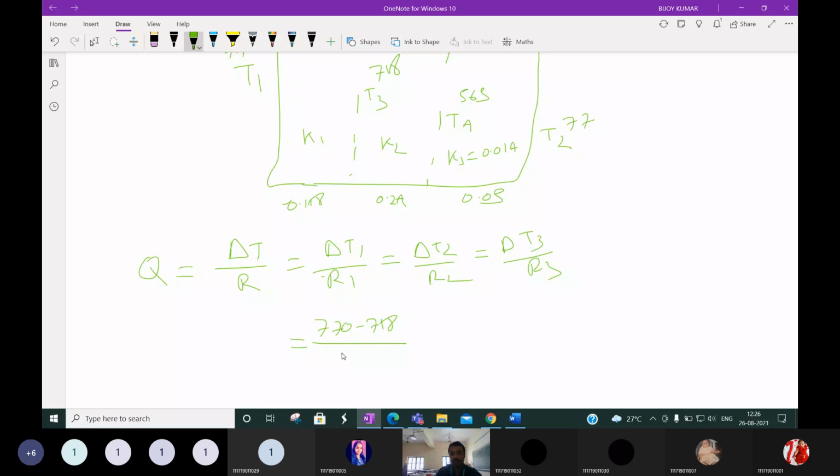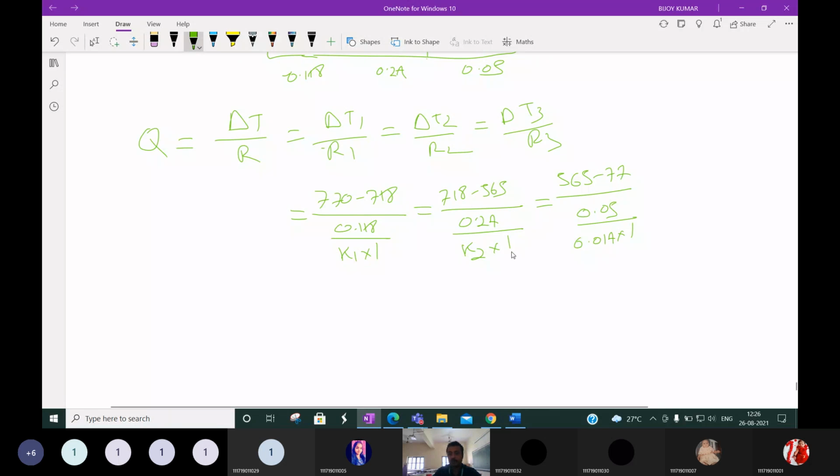R1 is x1 by K1 into A, that is 0.118 by K1 into 1, equal to delta T2, which is 718 minus 565 by 0.24 by K2 into 1, equal to delta T3, which is 565 minus 77 by 0.05 by K3, where K3 is given 0.014 into 1. Okay. If you compare these two things you can find the value of K2, and if you compare these two things you can find the value of K1. So you will get these K1, K2 values.